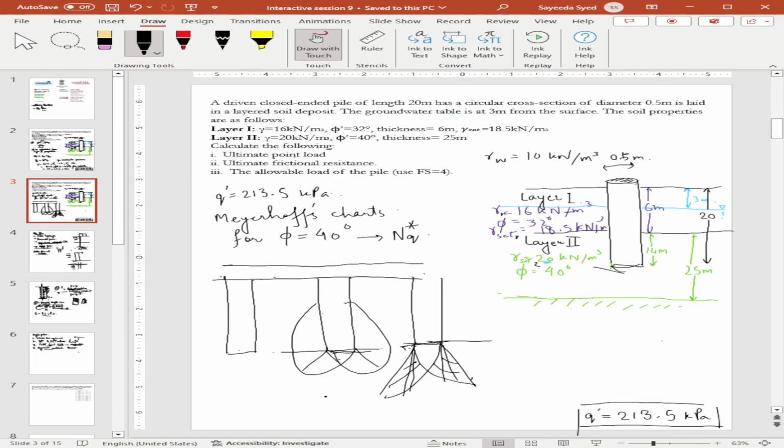So QP equals AP into Q dash into NQ, which is equal to pi by 4 into 0.5 squared into 213.5 into 346.